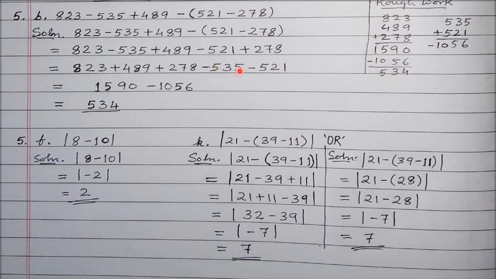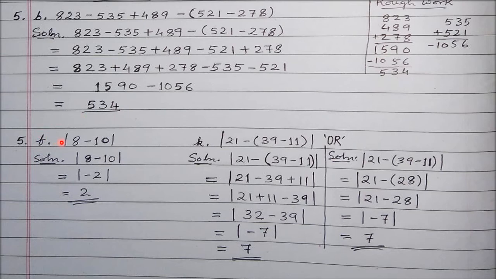So the total of negatives will be negative only, so minus 1056. Then from the total of positives we will subtract the total of negatives, and here we subtracted, we got 534. So the final answer is 534.